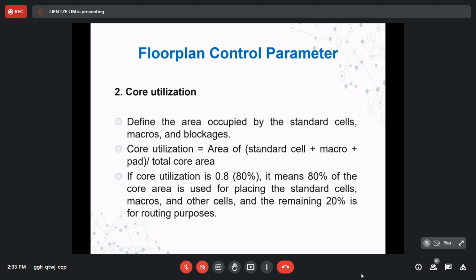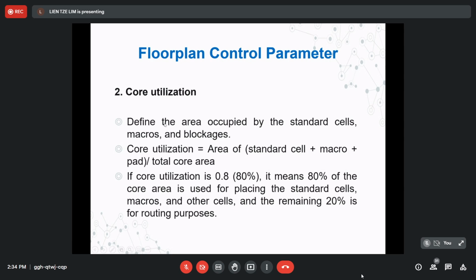The area to be used in the chip, the core area, we want to make sure is fully occupied, fully utilized. So core estimation is quite important, because we need to make sure that the area is not wasted.